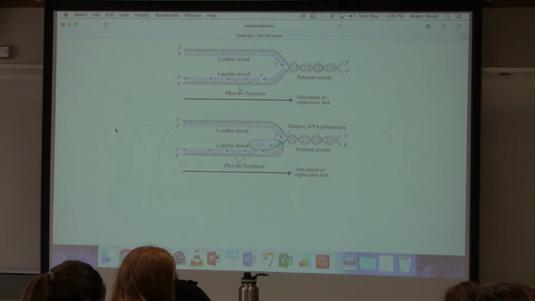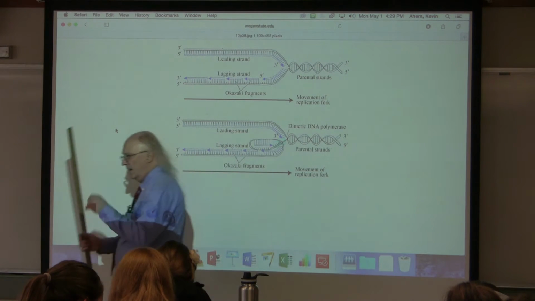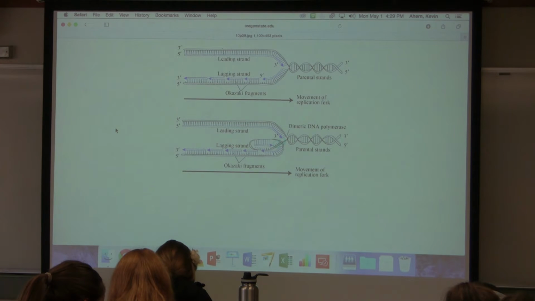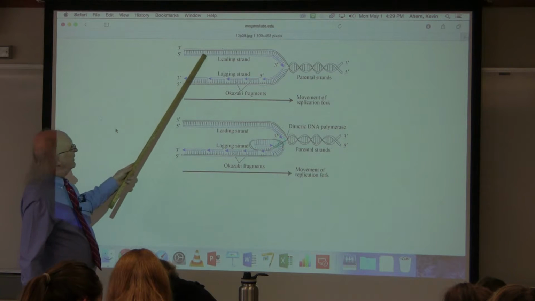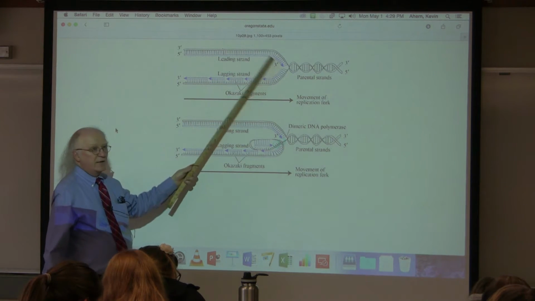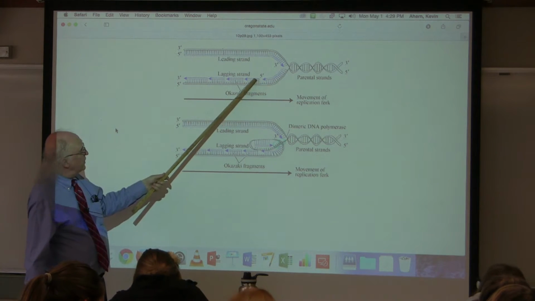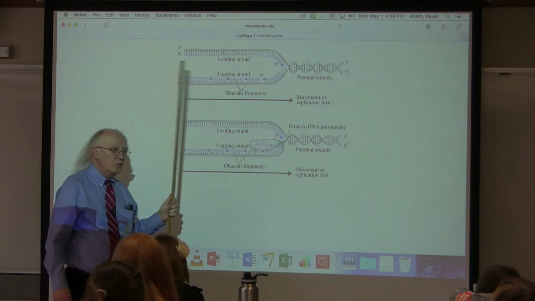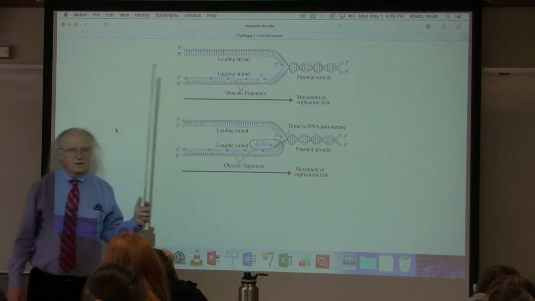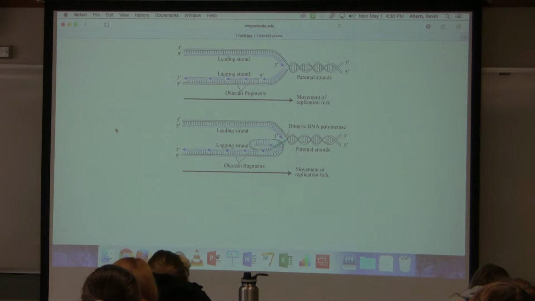The odd thing about it is primase makes RNA. Primase makes RNA. So the DNA polymerase grabs the end of that RNA and says, oh, you want me to start here? And then it starts and replicates and replicates. It means that every one of these Okazaki fragments started with an RNA made by primase. Primase is a busy enzyme.